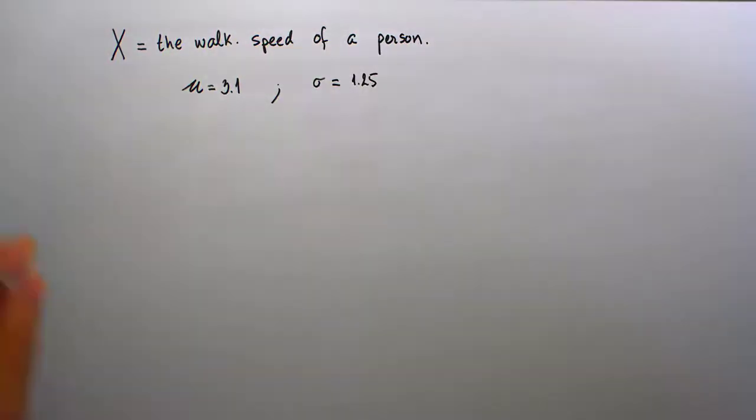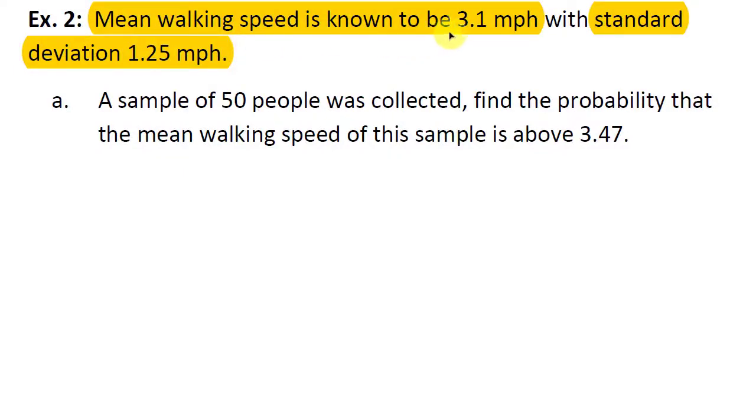Before I move on too far, once again, this mean walking speed being 3.1, how can I recognize it to be a population mean? Simply because it was given, but we did not know out of how many individuals. We just know that this is given based on some population that had a lot of people.